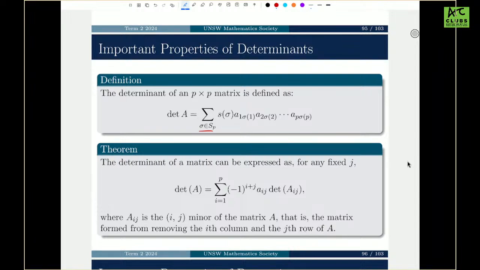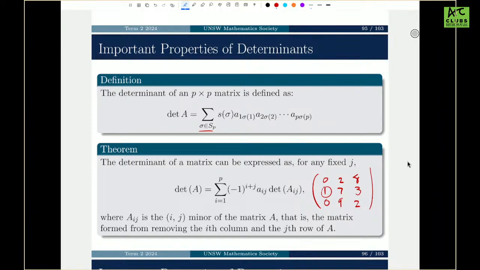So the ijth minor means that if we have a matrix like something like this, where a row or a column has only one non-zero term in it, so look at this first column. This term here is the only non-zero term in this column.